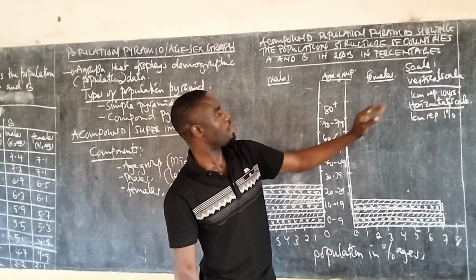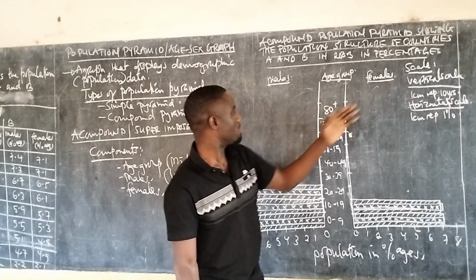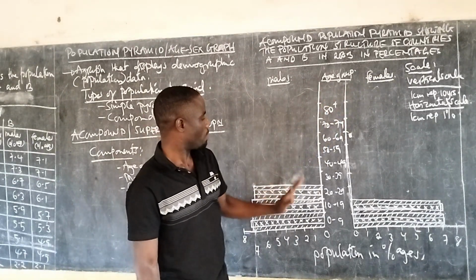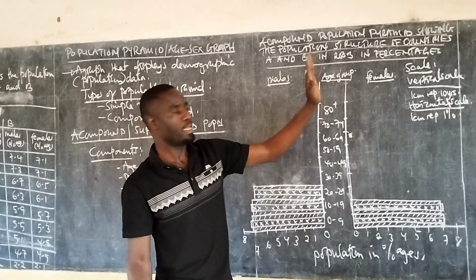So with the 2 shadings, whenever I see the slashes, that is for country A. Whenever I see X, that is for country B.